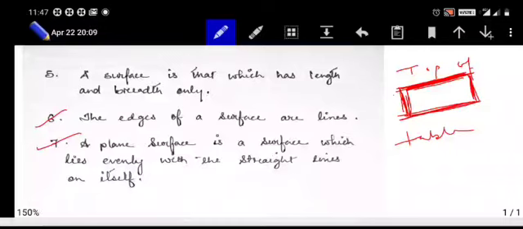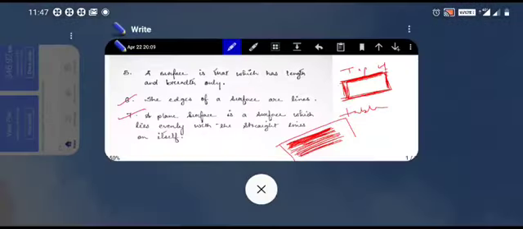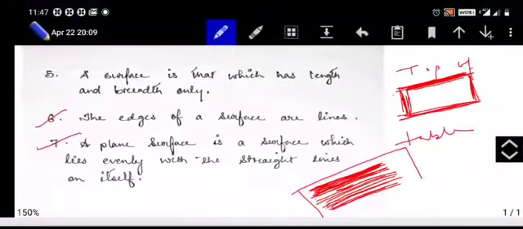Now what is a plane surface? When many lines are placed very closely, joined very closely, then a surface can be formed. We can say a surface is a collection of many lines.